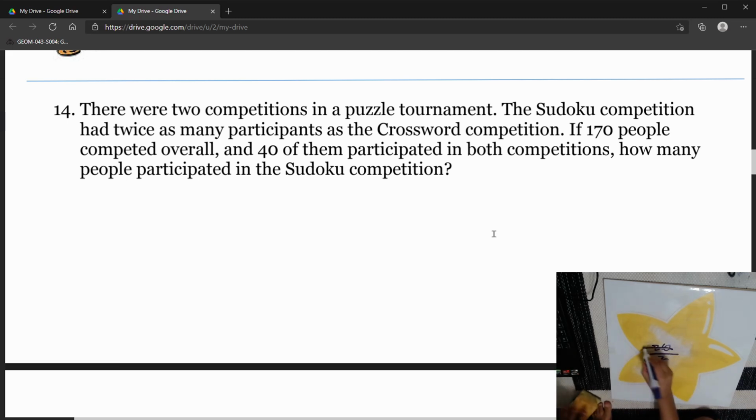So 3 goes into 210 with the 70. So the crossword people are 70, but we want the number of Sudoku. So 70 times 2 equals 140. So the answer is 140.